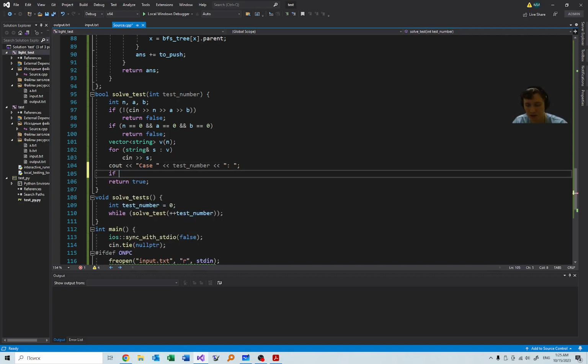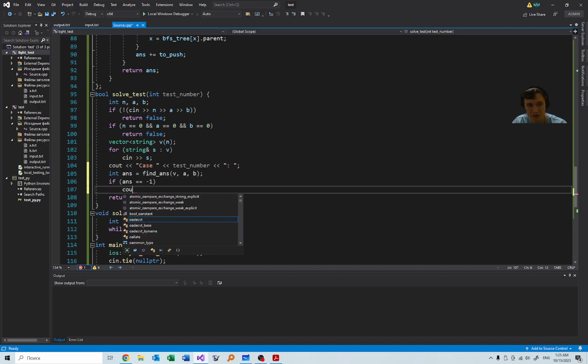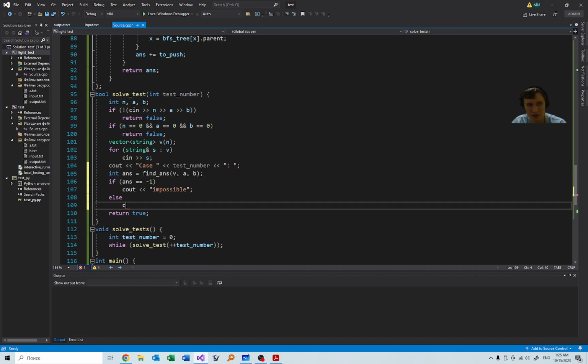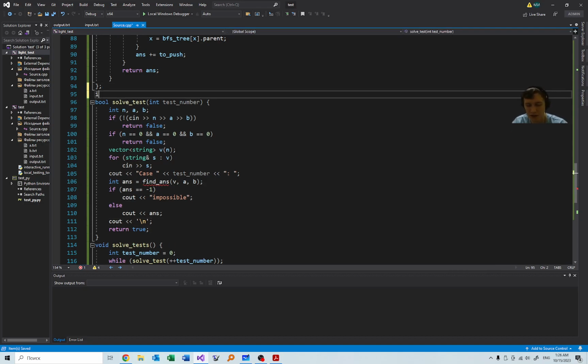So if int ans equals find ans of v, a, and b, if ans equals -1, print impossible, else print ans, and then print line break. And here we need to find ans with vector of strings and int a and int b.